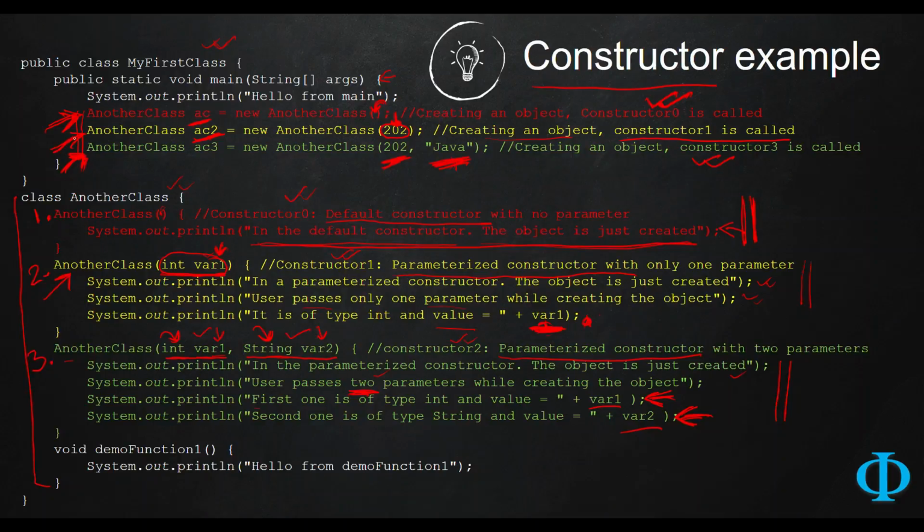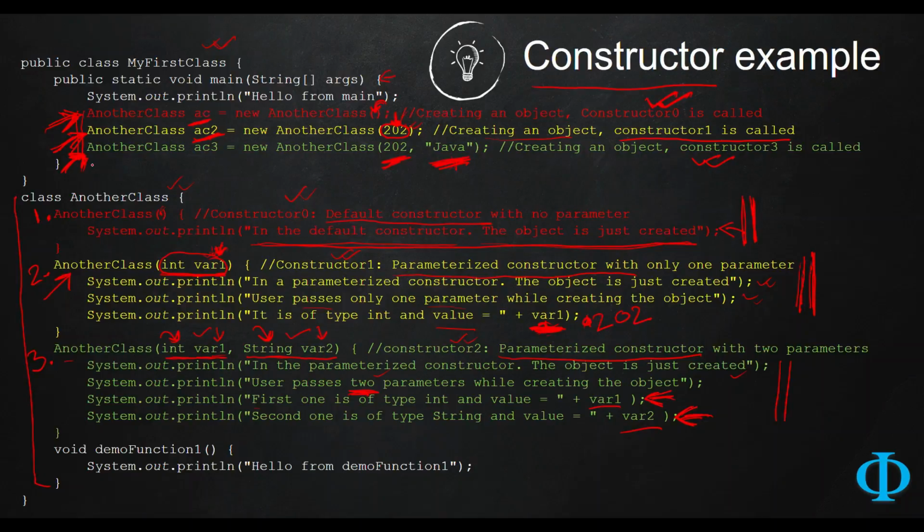For the second object creation, when the user is passing an integer, the second constructor will be executed, and all these lines will be printed with a value of var1 as 202. It should print it here.